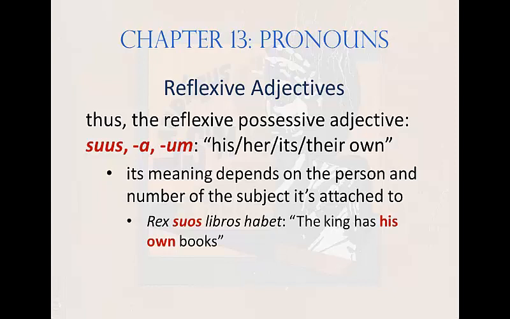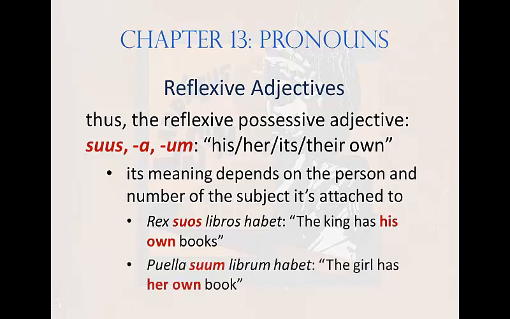Suos in this case means his own because the subject is king. But if we change the subject, the translation of suus must change accordingly. Puella suum librum habet means the girl has her own book. Because the subject is puella and suus is reflexive, the translation of suus becomes her own in this instance.